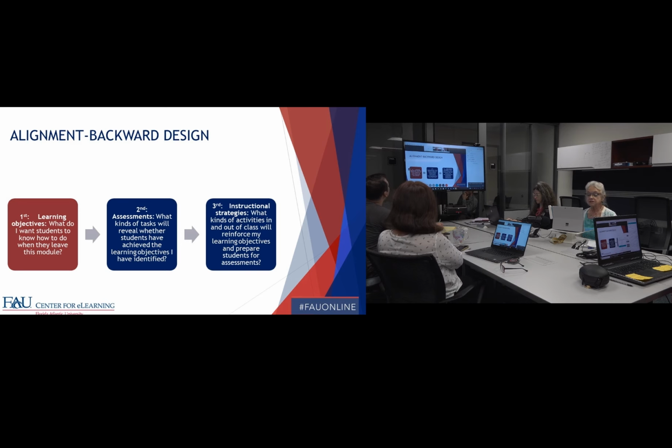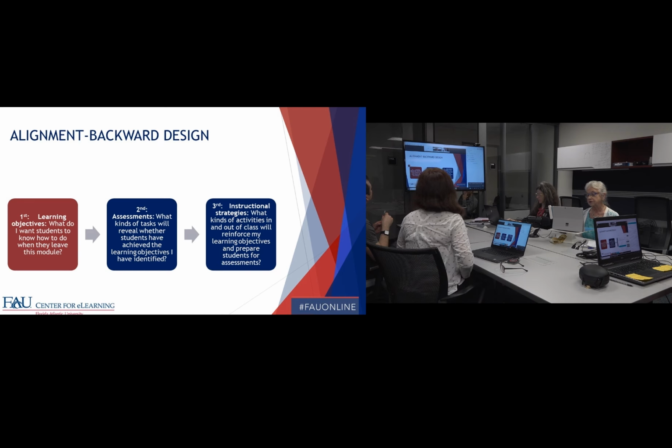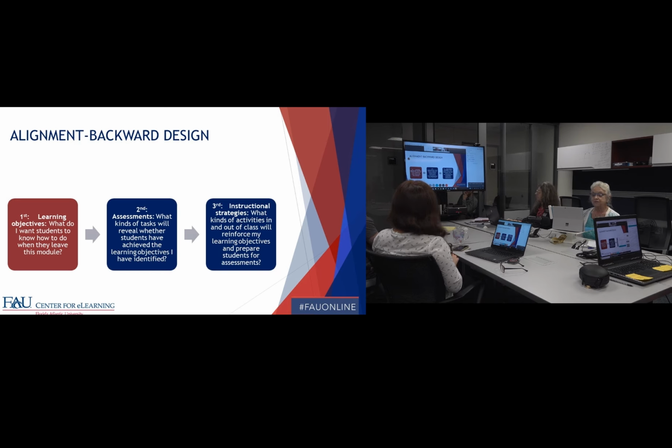These are the steps in the backward design, and we're not going to go into a lot of detail today on assessments and instructional strategies, because we're going to save those for a future PD session. So stay tuned with us. But the first step is to decide on the objectives.